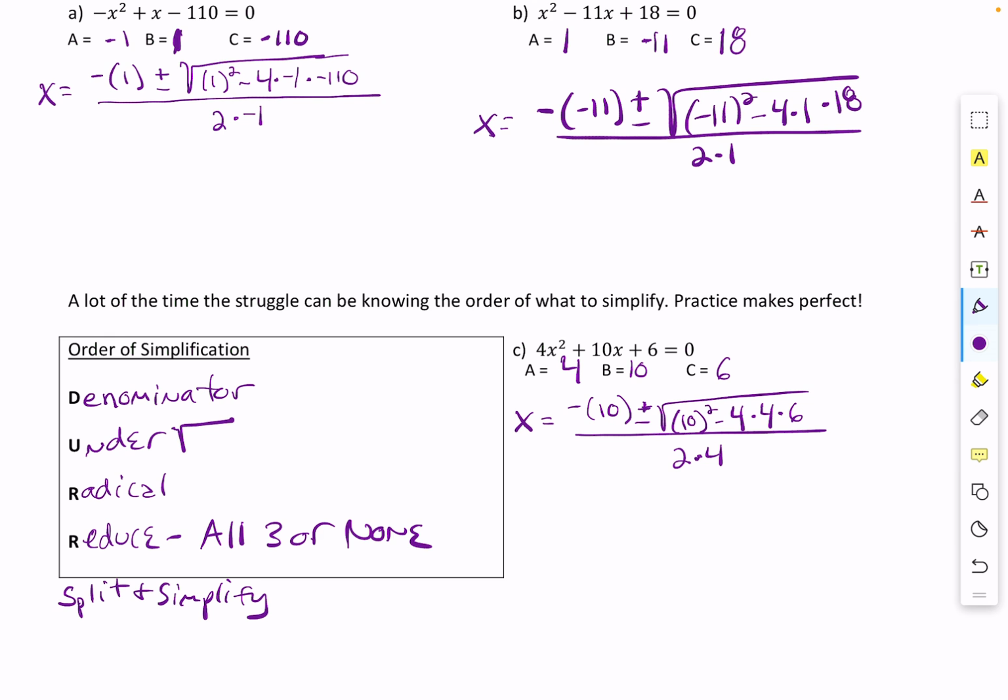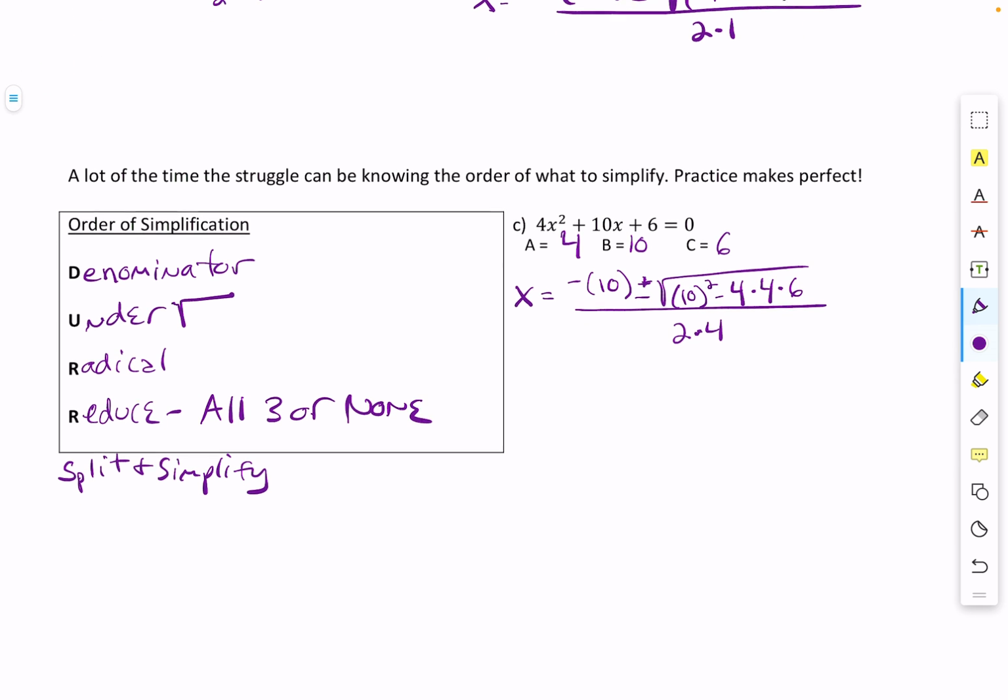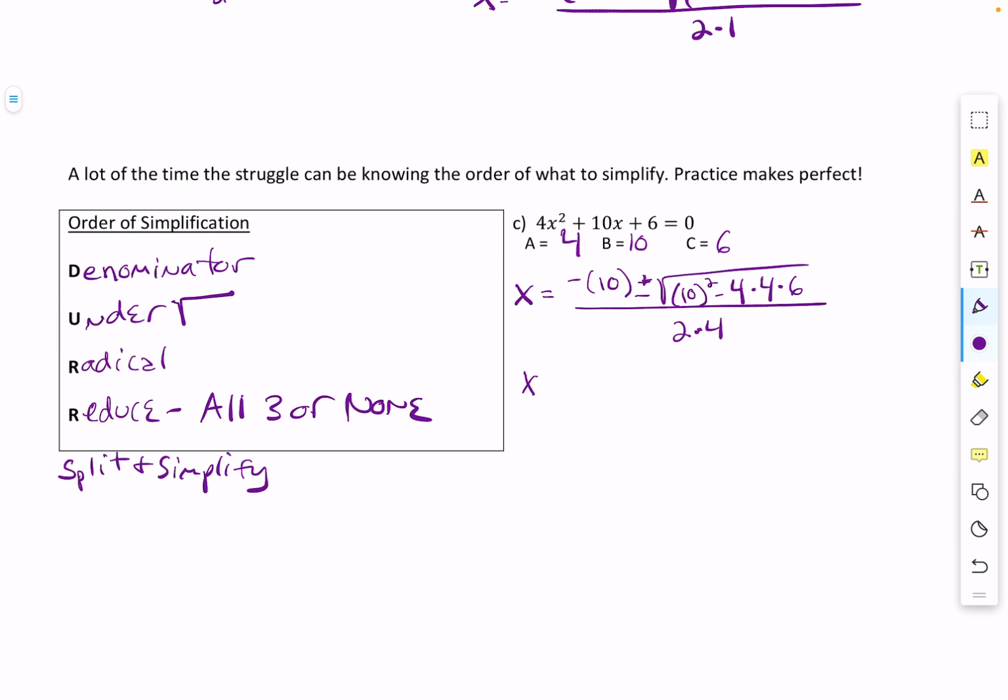How does my denominator simplify? 8, good. Okay, when you do under your radical, the easiest way is to do it all in one step here. So under the radical, what I'm doing is I'm just going to take the things under the radical.